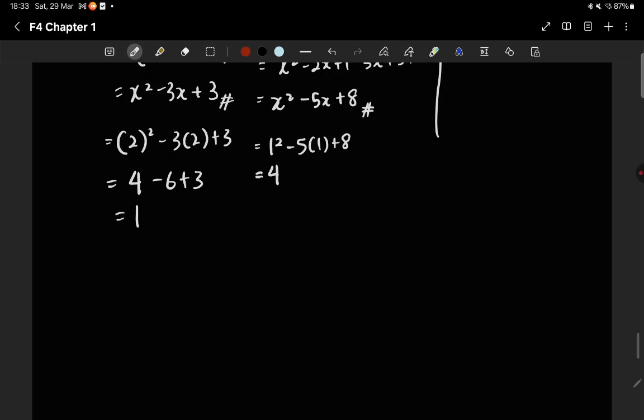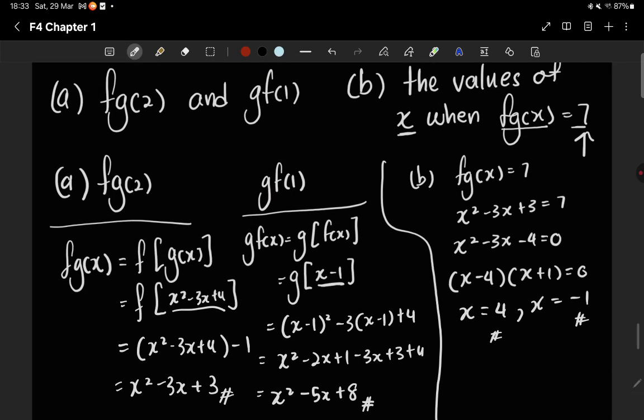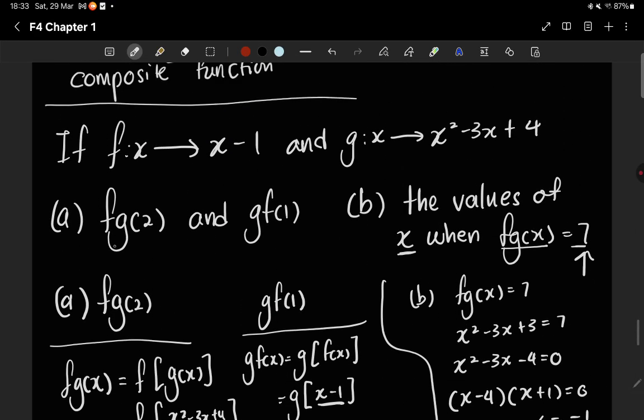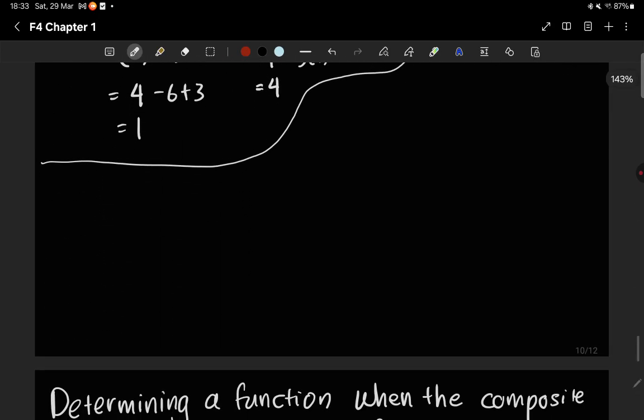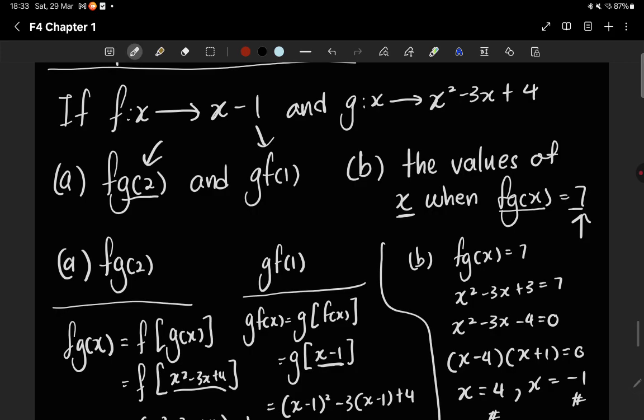Now, a little fun way of solving the composite questions, so let's say we have this question again, fg of 2 and gf of 1. Another way of solving it, if you truly understand the concept, is to remember that g of 2 is the first function. So this value is the one connecting the first set and second set.